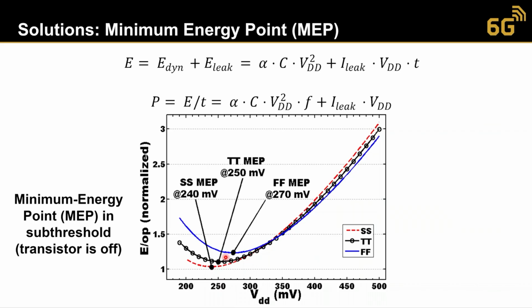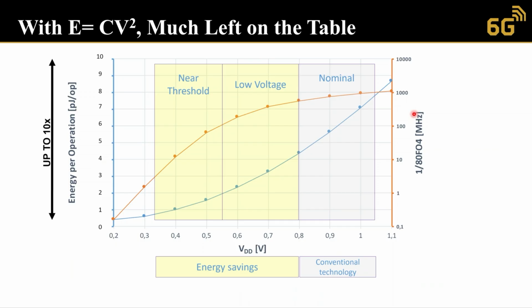This is a very interesting way to lower power, where nominal voltages, depending on your process, would be somewhere around the 1 volt range. You can go into low voltage, which is available in most process design kits nowadays.